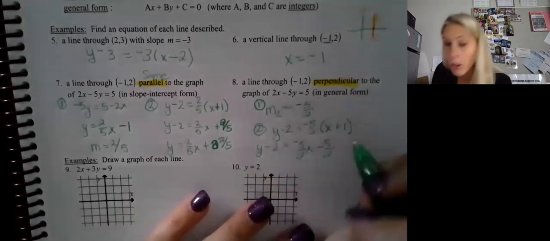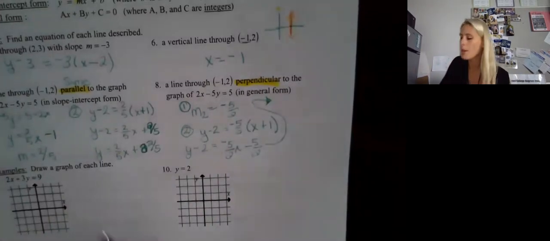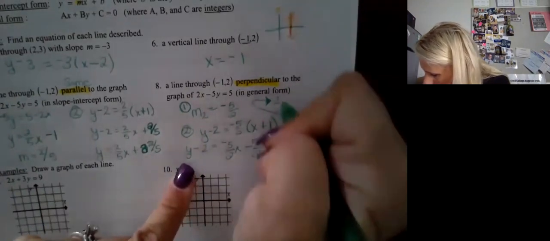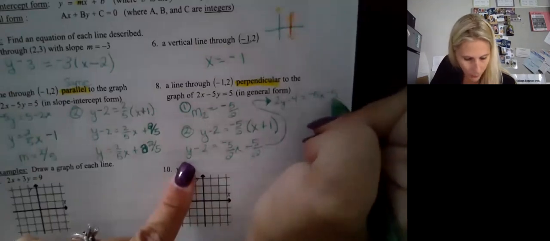So I'm going to make an arrow because lots of times when you have a lot of work going on, you want to be able to find your work. So I'm going to do an arrow so I know where I'm taking my next step. So if I multiply everything by 2, I get 2y minus 4 equals negative 5x minus 5.